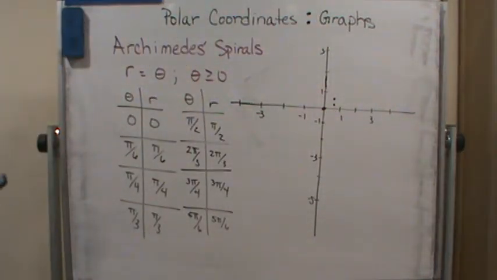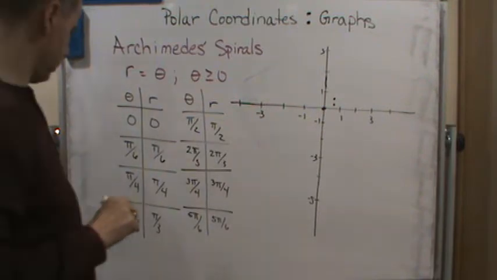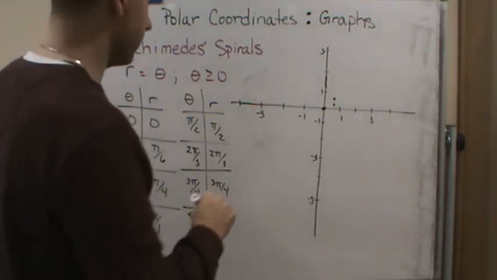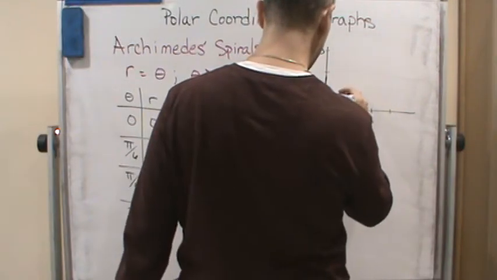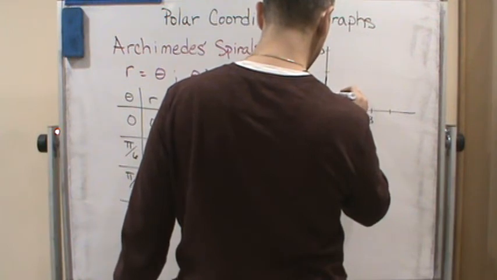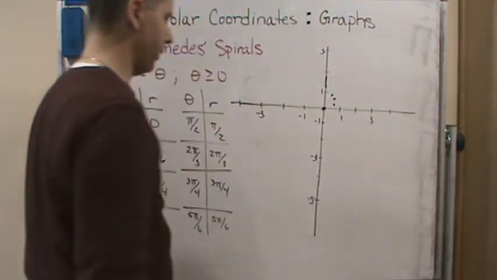And then pi over 3, which is 60 degrees, is 1.05. Let's say we're right about there.